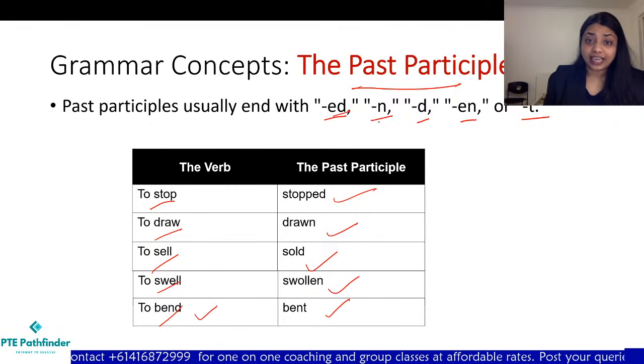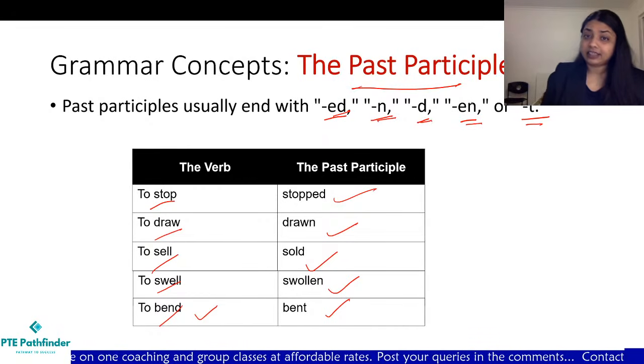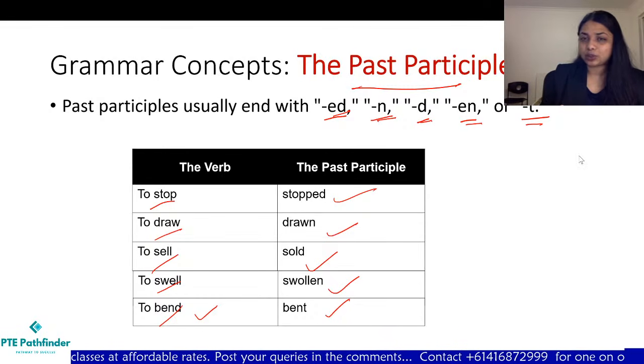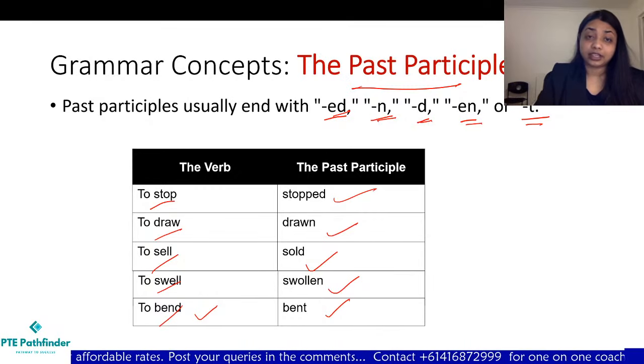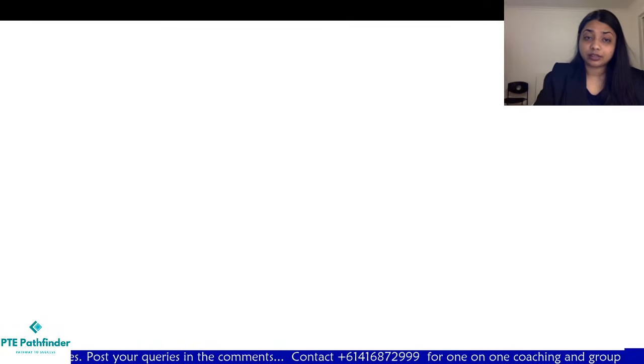So, ed, n, d, en, and t word endings. This is something to note down, so you can refer to it later when you're trying to solve the blanks. You can quickly identify, okay, I need a past participle in this blank. And if you know the word endings correctly, it makes it easy for you to extract those words from the options that you get in the questions.